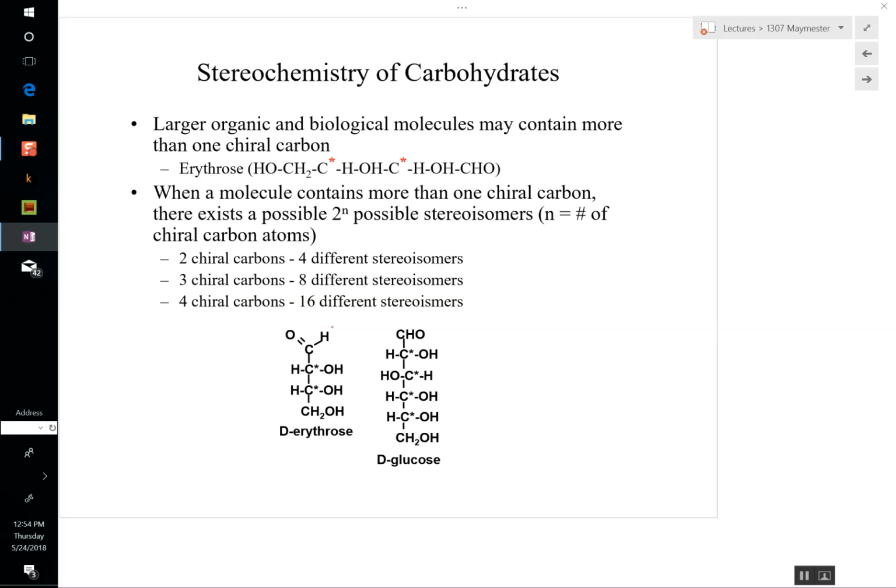There's my vertical carbons with my aldehyde at the top. And when I smash that out like that, I'm going to end up with an OH over here and a hydrogen there. And this is actually D-glyceraldehyde.